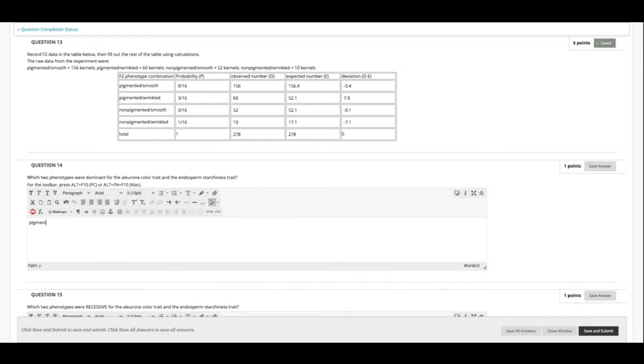Okay. Pigmented and smooth for endosperm starchiness were dominant.